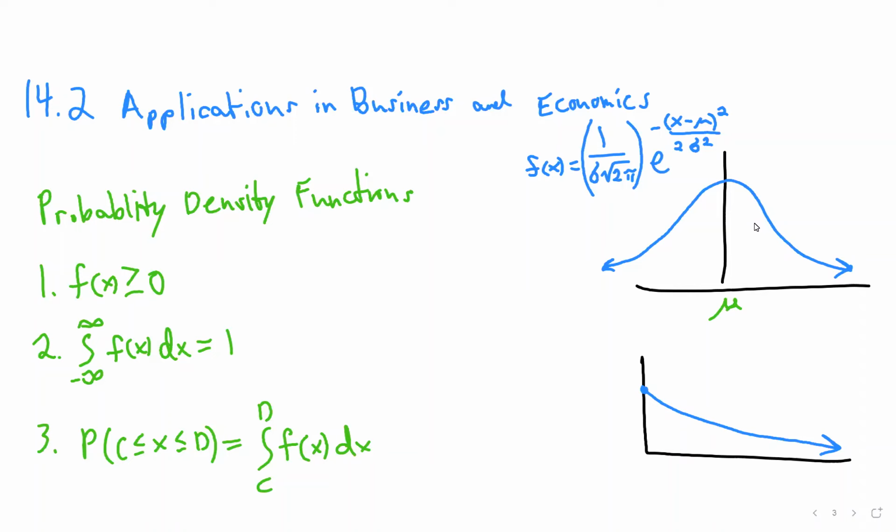The second property is that the integral from negative infinity to infinity of f of x dx is equal to 1. So we say that the function is normalized. If your function isn't normalized, you can still make it into a normalized function by dividing by whatever the integral from negative infinity to infinity of your f of x dx is.